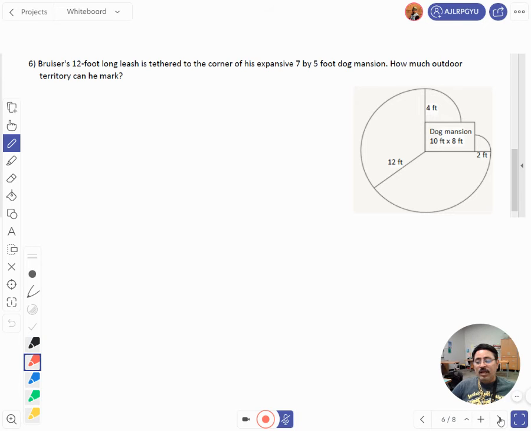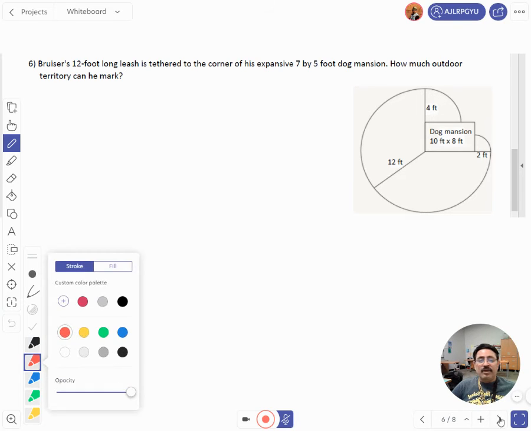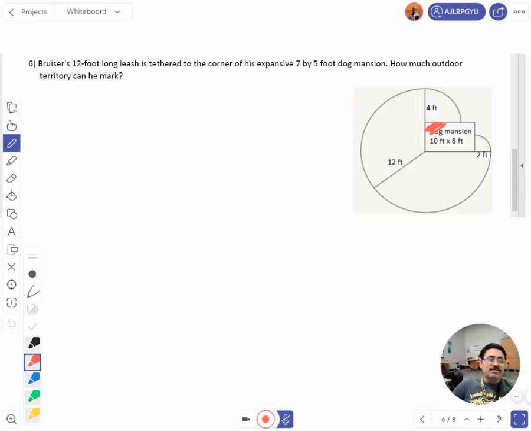So here, these are the dimensions of the dog mansion. If this one is taken out, the remaining part we have to compute. The remaining part means I see that here is 1/4 of a circle, and here another quarter circle.